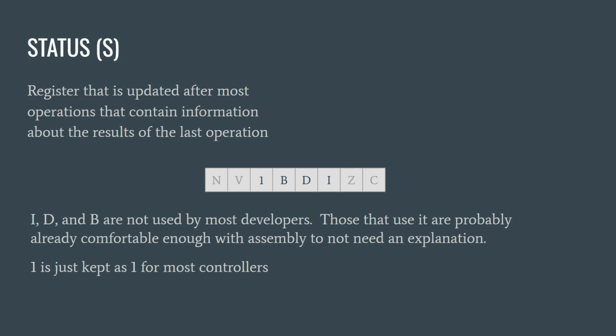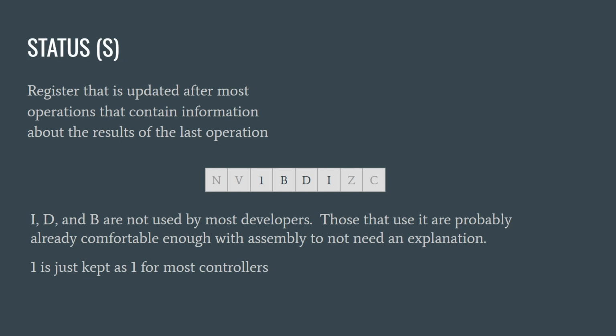These 4 in the middle, the 1, B, D, and I, are really not used by most developers. Some of them are specific to interrupt handling, which is a more advanced use case and is outside of the scope of what I want to cover for this class. So we're not really going to talk about those here.